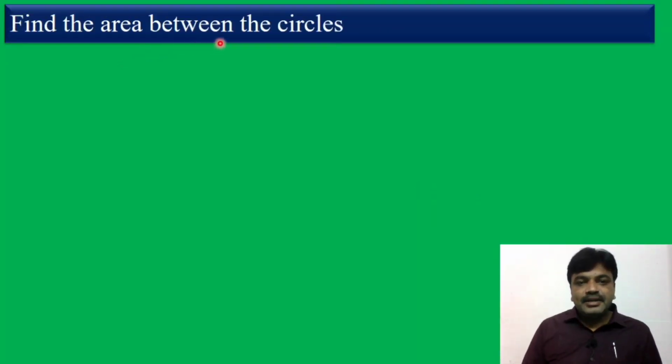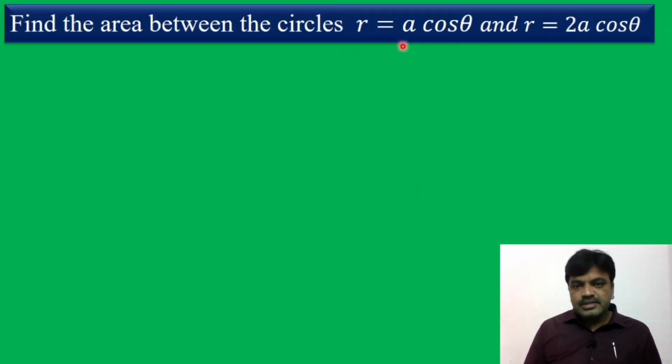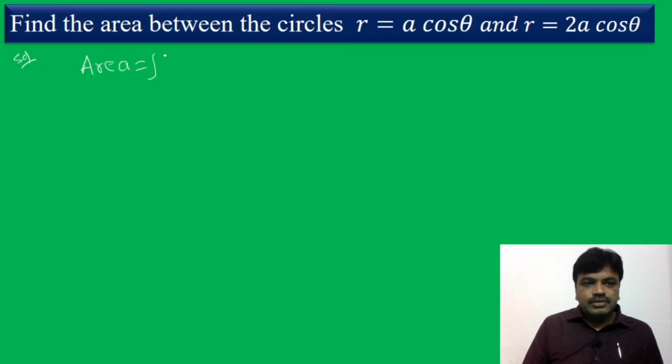Find the area between the circles r equals a cos theta and r equals 2a cos theta. Let us see the solution. It is polar form, friends. So the area formula is double integral r dr d theta.